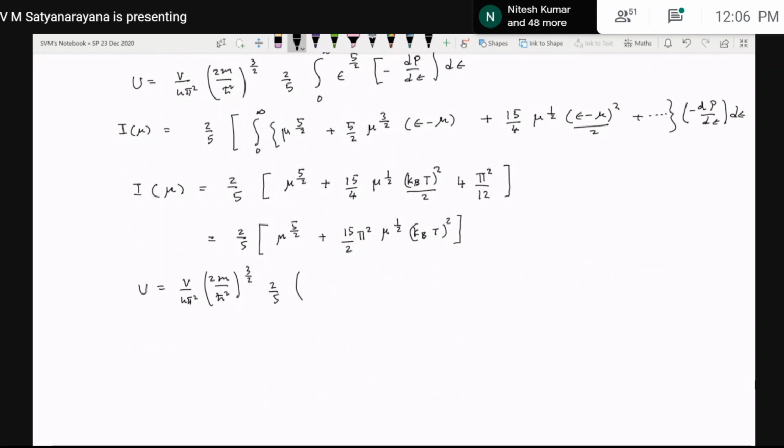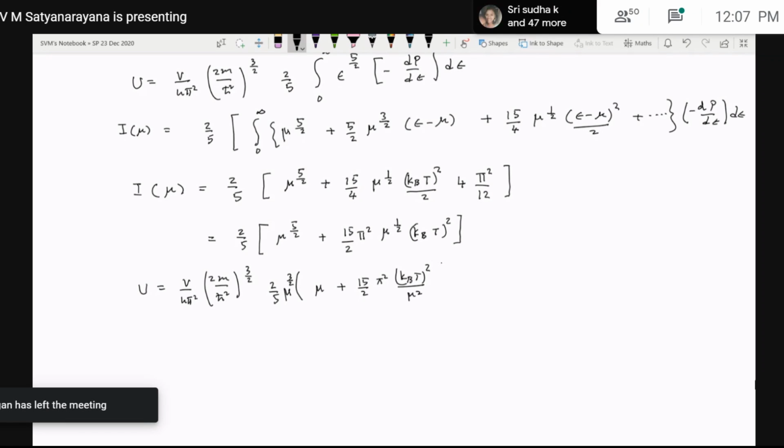So let me pull out mu to the power 3 by 2 here. Then I will have mu plus 15 by 2 pi square into kbT the whole square by mu square. Okay, this is what I have. So now I go back.